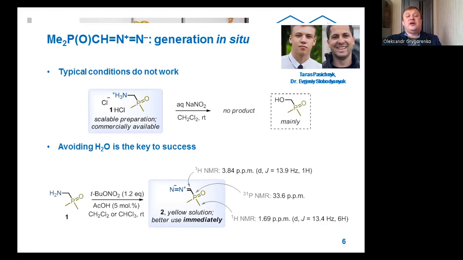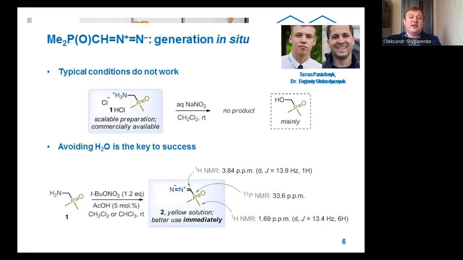to the reaction with aqueous sodium nitrite. Unfortunately, no product was obtained under these conditions. Instead, the hydroxy derivative was mainly formed together with some other products. Our idea was that avoiding water, avoiding aqueous conditions, can be the key to obtaining these compounds in solution.